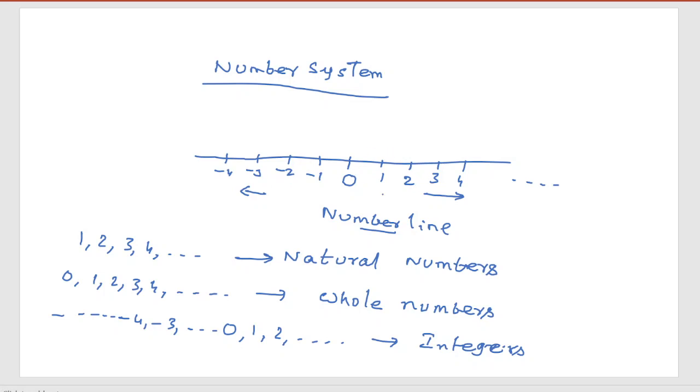The positive integers are 1, 2, 3, 4, and the negative integers are -1, -2, -3, and so on. Our question is whether all numbers have been included in this number line or not. The answer is no, because other than these integers we have other numbers. These numbers we will discuss now.